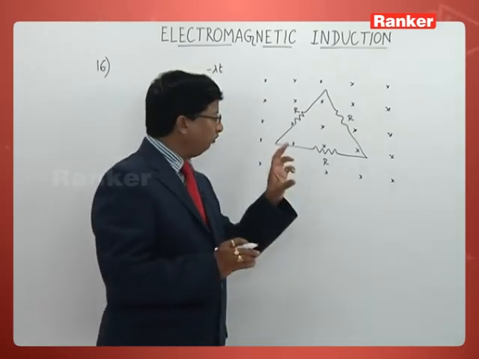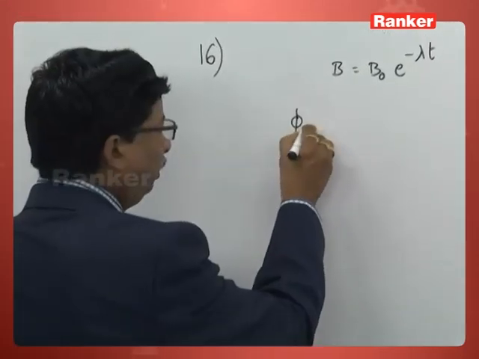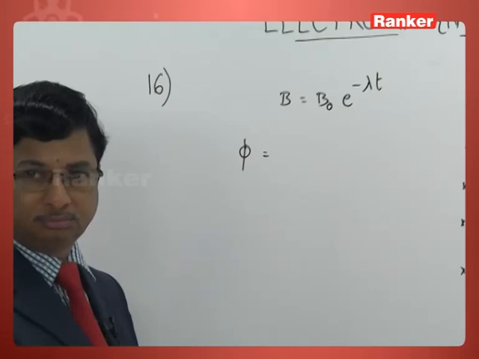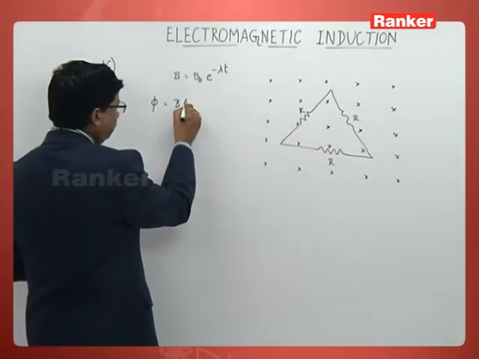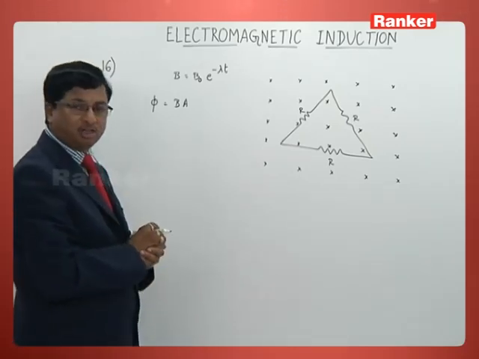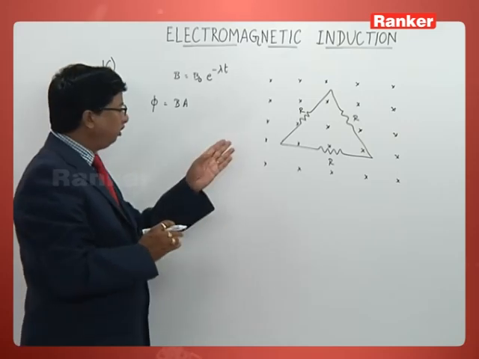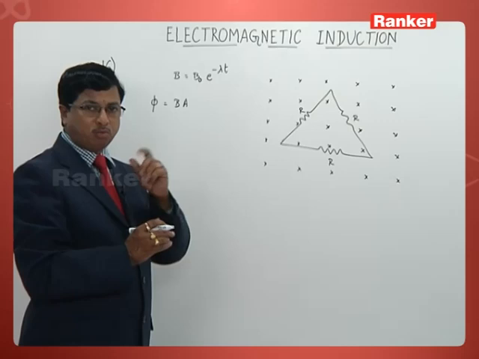For that induced current, let us first of all check what is the magnetic flux. Magnetic flux of course can be written as BA, in fact BA cos theta. But in this particular case the maximum value over here is BA, since cos theta is 1.